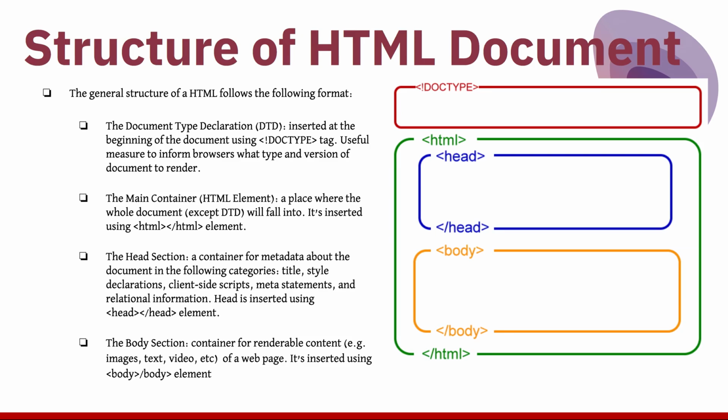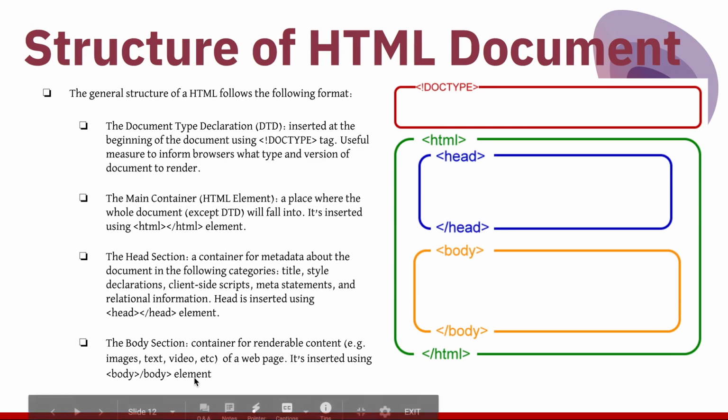However, the title is not on the actual web page. It is in the browser's tab, and I will show you what that means in the next lecture. The images, videos that you see, music that you download, text that you read, everything is specified in the body.